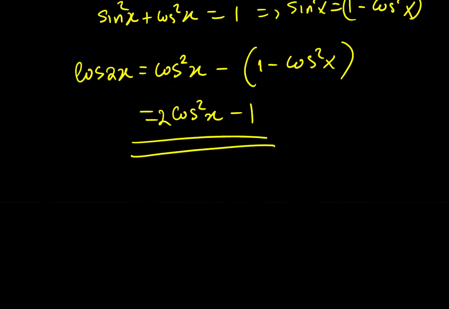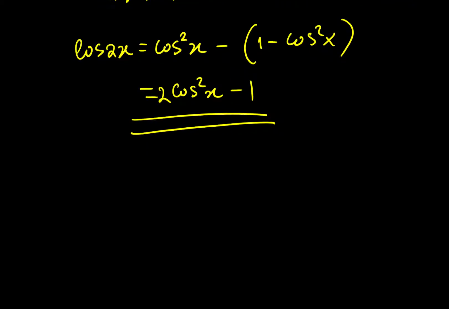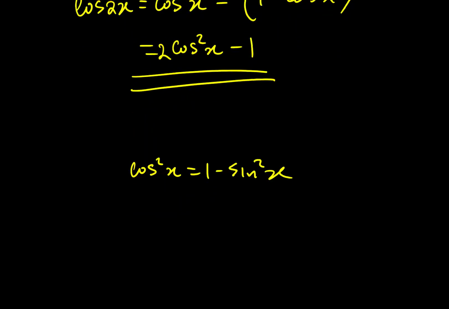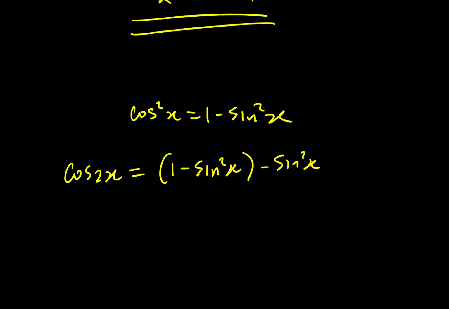Or you can as well see that cosine square x is the same as 1 minus sine square x, which would mean that cosine 2x will be equal to 1 minus sine square x minus sine square x, which will be equal to 1 minus 2 sine square x.